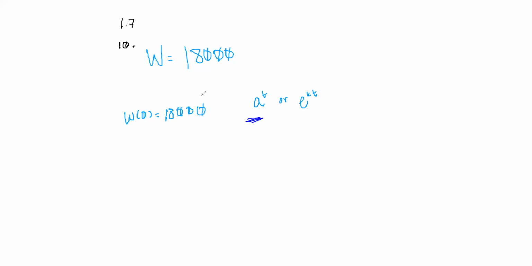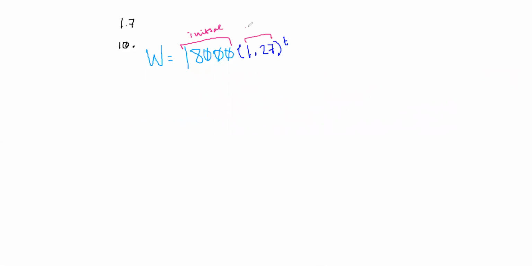Yeah. Because what we're going to do is have 1 point and then our growth rate, which is 27%, to the t. And so this is what our equation is going to look like. We have our initial, we have our 27% growth rate, and then we have our t that is going to be in years. Okay, so here's a function. This function will work.